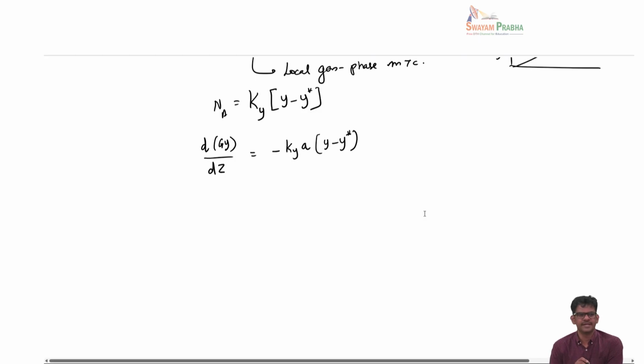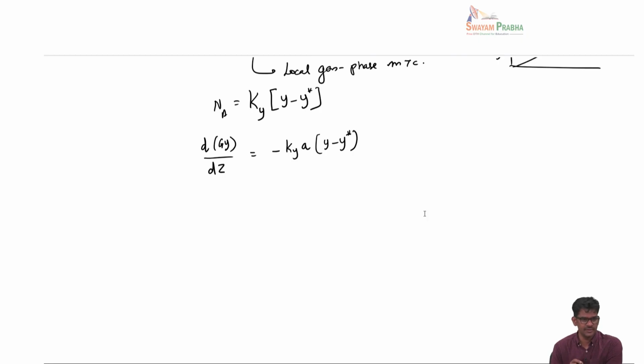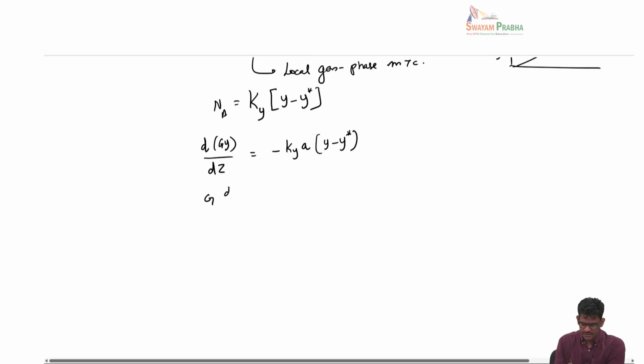I already mentioned that the flow rates are so low that the G can be kept constant, so I can take the G out of this integral and then separate the variables.